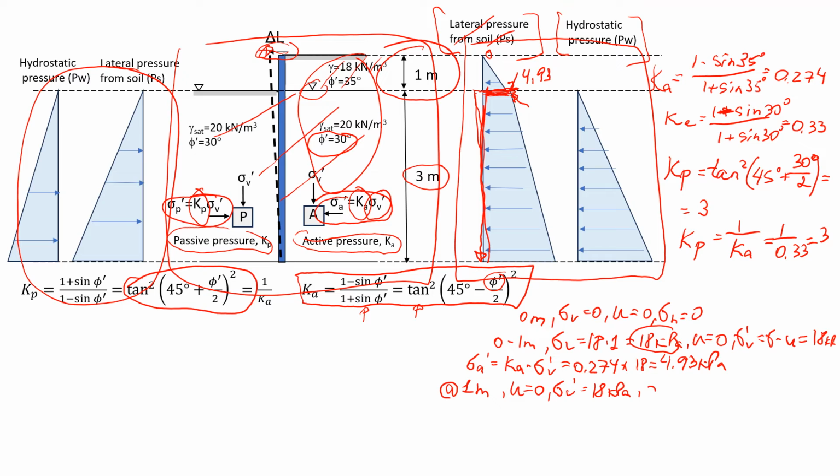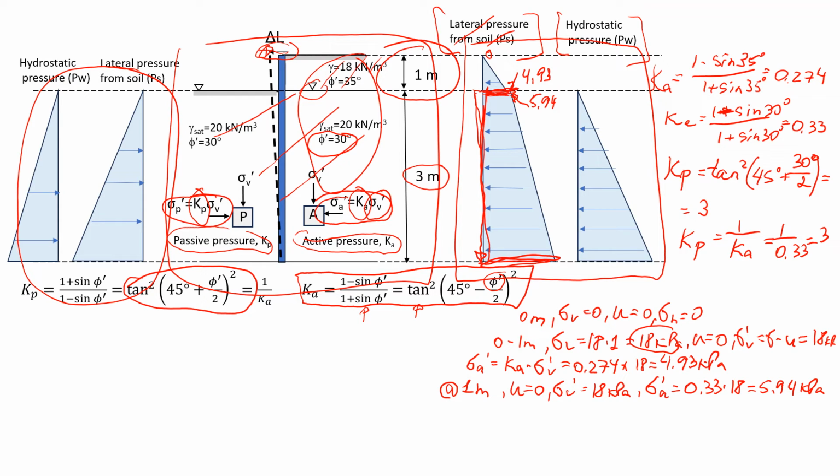So that's why I'm going to write this active lateral pressure. The coefficient is now different. For the second layer it's 0.33 times 18, and that will give us 5.94 kPa. So this value will be 5.94.